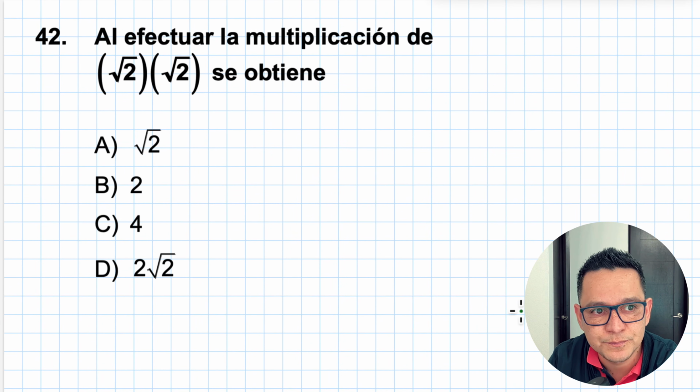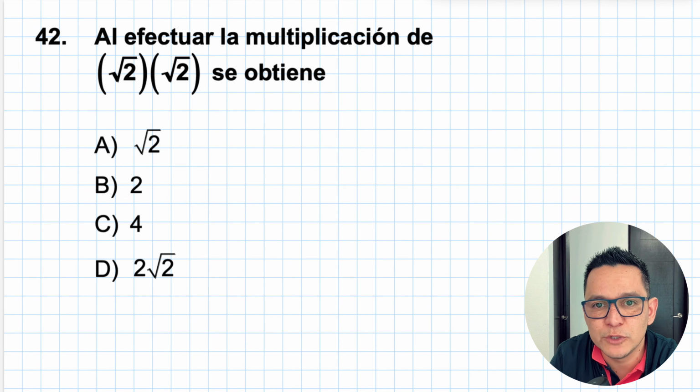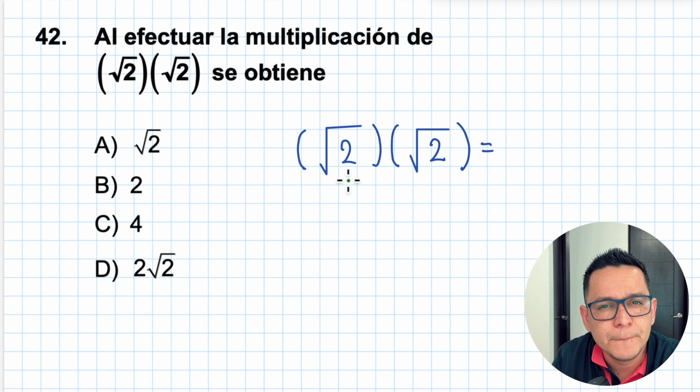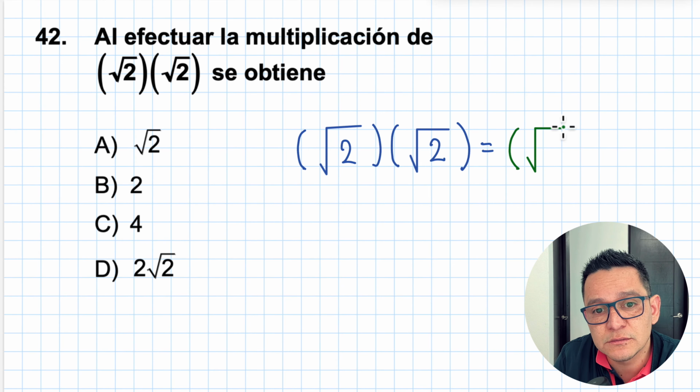It says, when multiplying the square root of 2 by the square root of 2, you get, well, it's very simple. Also, let me copy the exercise again. Look, if we have the square root of 2 times the square root of 2 here, all we have to do is write it as the square root of 2, but to what? Well, squared, right?